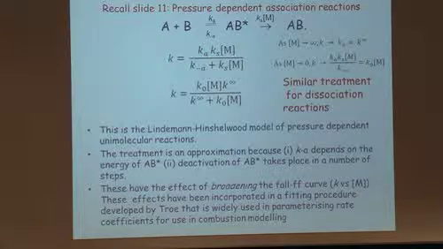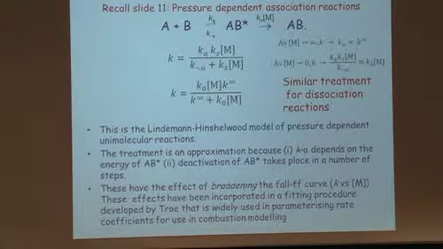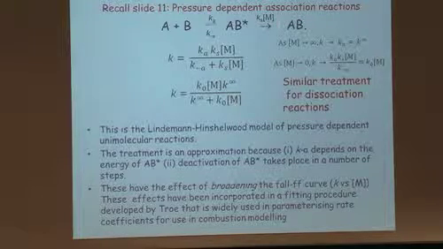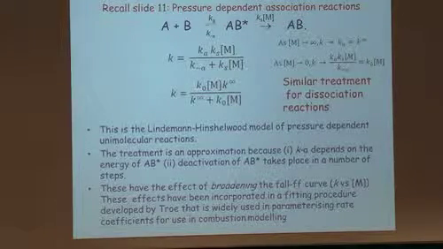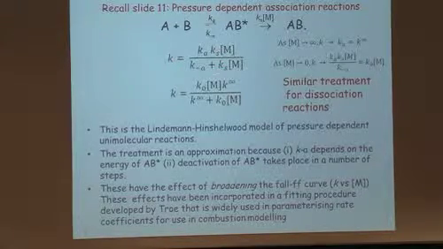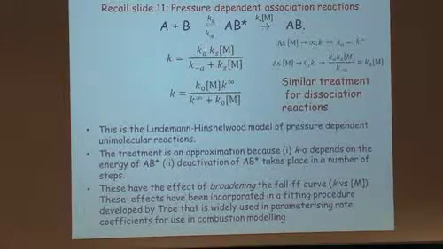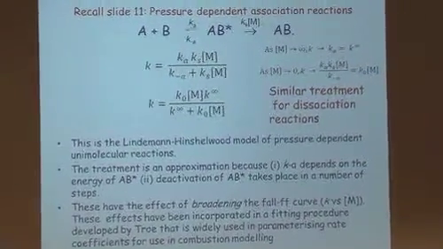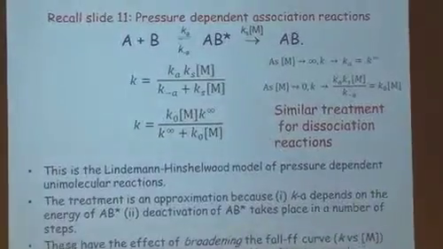So what we said was, if we take A plus B, it forms this energized AB star, which can then be stabilized to form AB. And the rate coefficient can be expressed in this form, Ka Ksm over K minus A plus Ksm, using the steady state approximation.